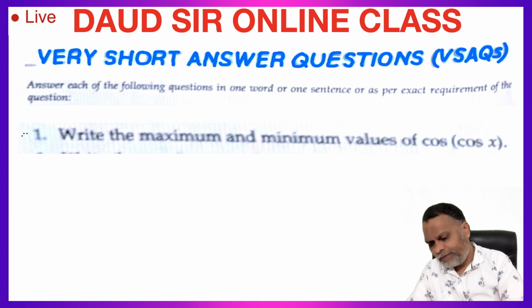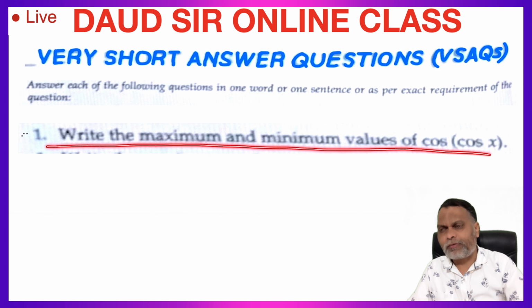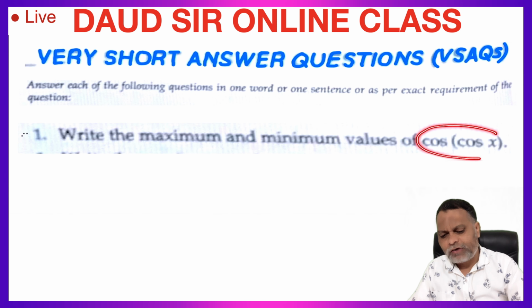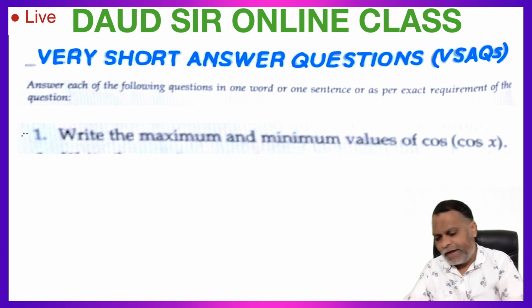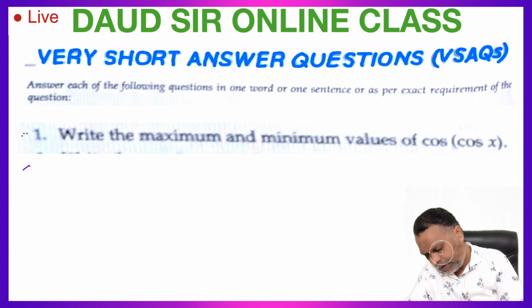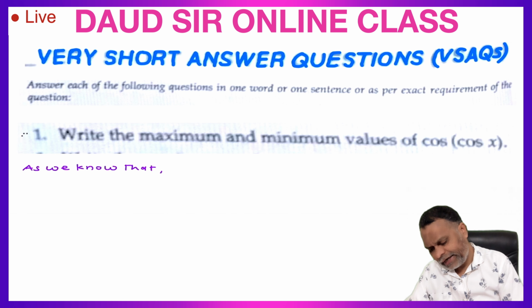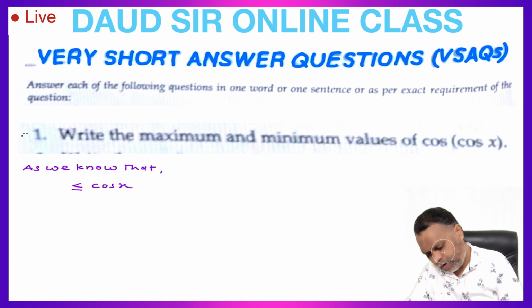Question number first. Write the maximum and minimum values of cos x. Here we have to write the maximum value of cos x. So as we know that the value of cos x lies between -1 to 1.